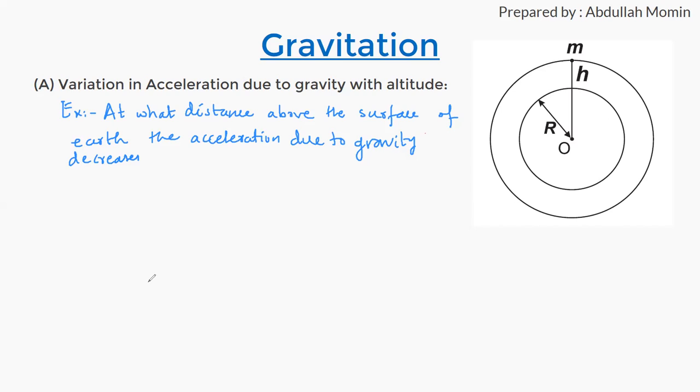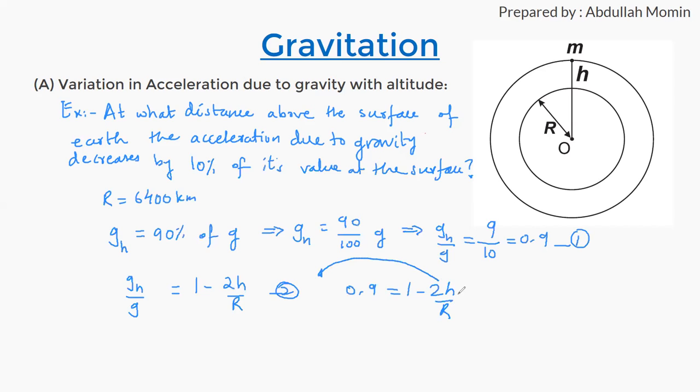And we have one equation, gh upon g is equal to 1 minus 2h upon R. So from these two equations, we can write 0.9 is equal to 1 minus 2h upon R. Moving terms to the other side, 2h upon R is equal to 1 minus 0.9, so 2h upon R is equal to 0.1.